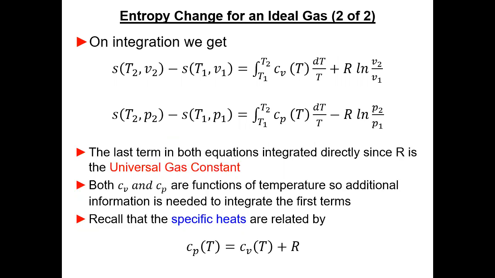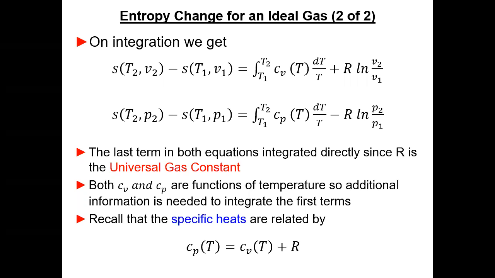That's the gas constant, so you can pull that out. And so the specific volume term integrates into the natural log of V2 over V1. And similarly, in the second one, this is entropy as a function of temperature and pressure. So S2 minus S1 has the same integral of Cp dT over T minus R, and the pressure integrates into the natural log of P2 over P1.